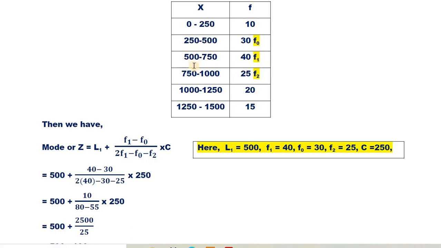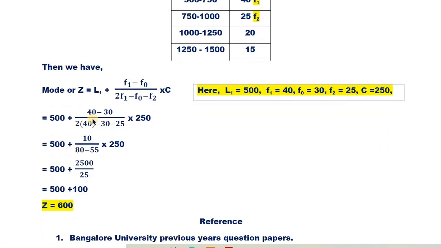F1 is the frequency of the modal class, 40. F0, the frequency of the preceding modal class, is 30, and F2 is 25. C is 250. We have substituted in the formula, and now go for solving it.